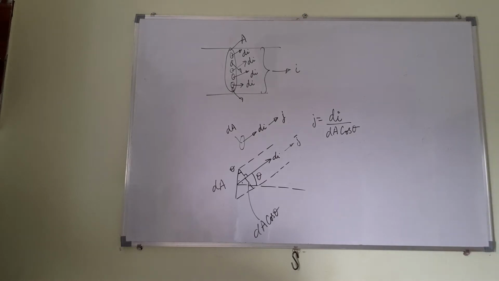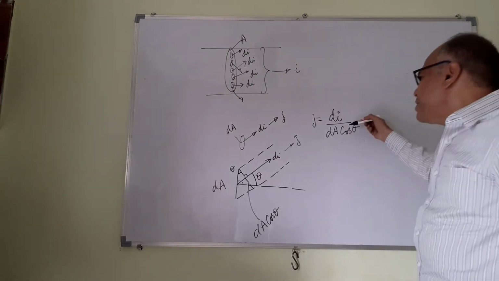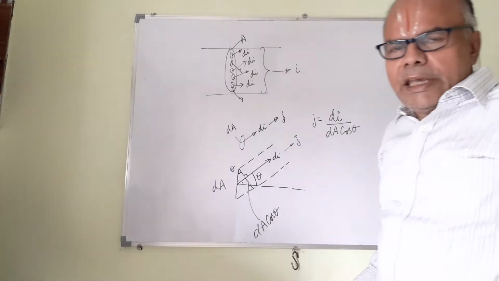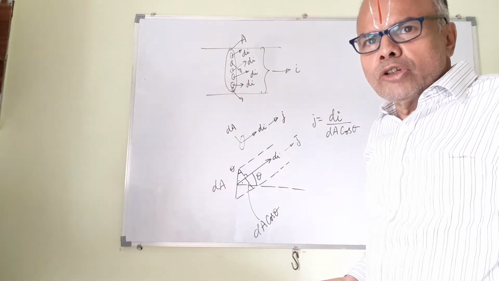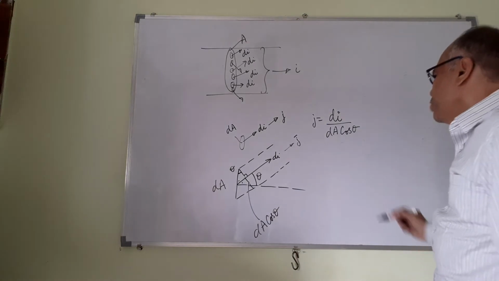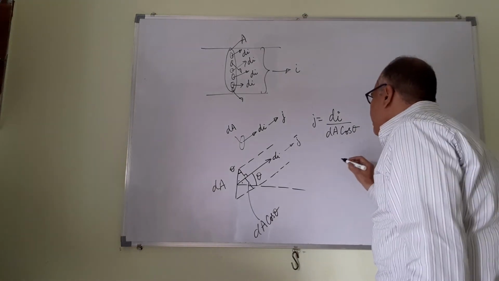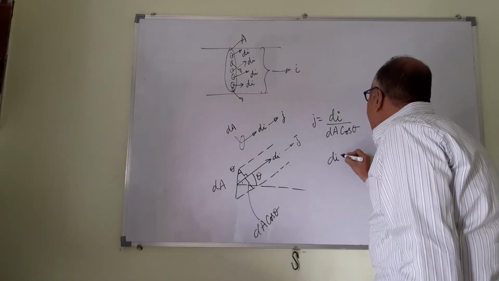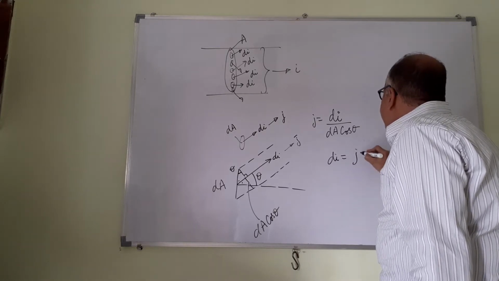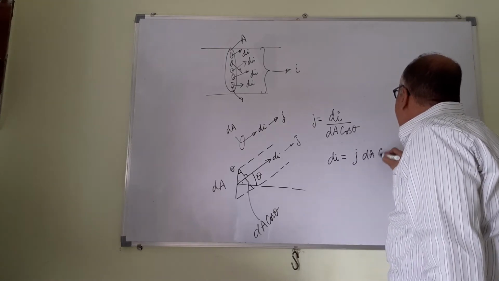So J equals di, the current, divided by the area held perpendicular to the flow of current, dA cos theta. Now we can rewrite this in a slightly different way. di can be written as J dA cos theta.